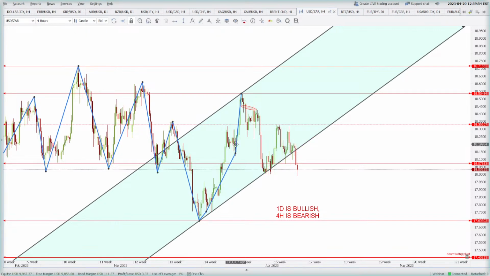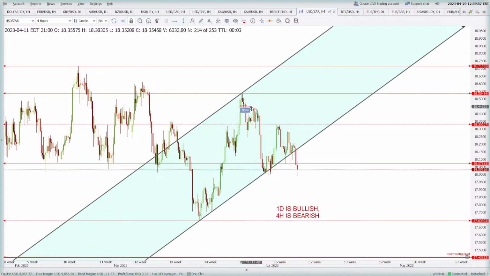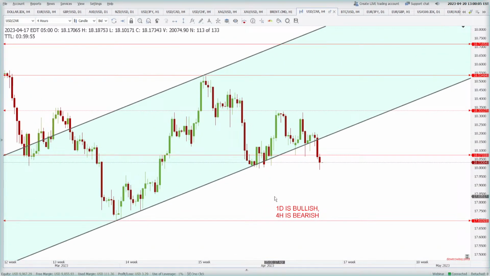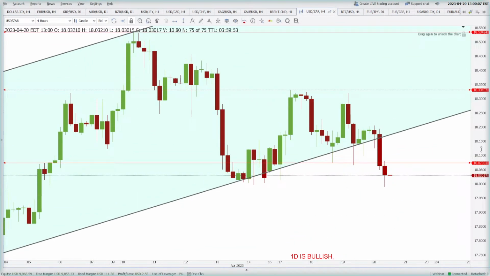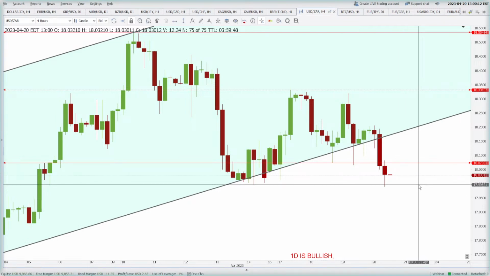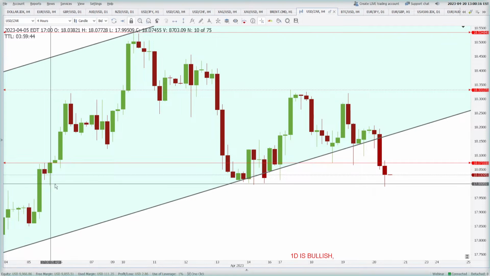Now these channels are giving us some confusion, so I'll just break all the confusion here. See, this recent low that the price has made has breached below this low and this previous low also.